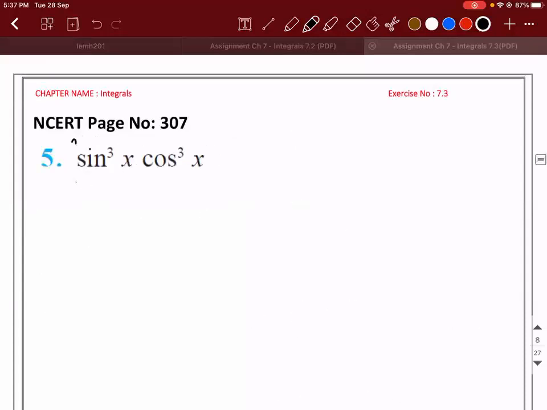Okay. This one, integral of sine cube x into cos cube x. See, whenever you have the product of sine and cos, listen to this carefully. Whenever you have the product of sine and cos with the same angle and same power, multiply and divide with 2 raised to that power, whichever is there in the question.